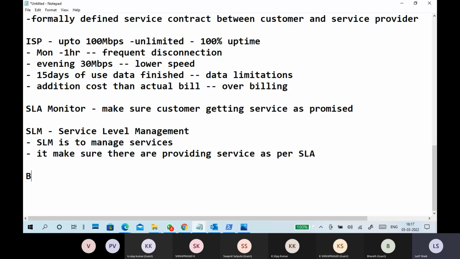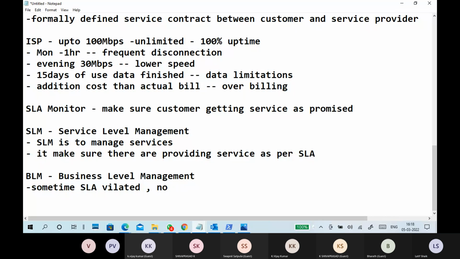Okay. Next, BLM, business level management. Actually, I don't want to involve all these things, but sometimes an SLA is violated. It means they did not provide service as promised.